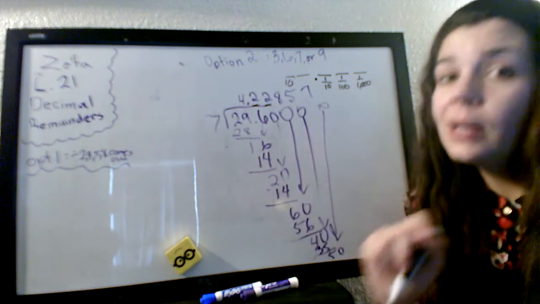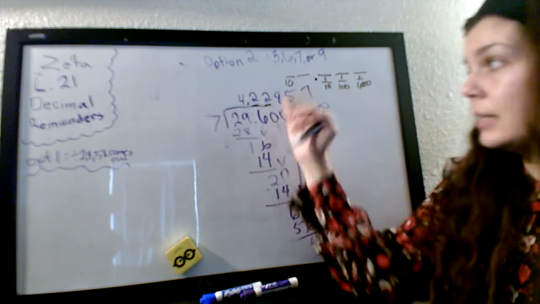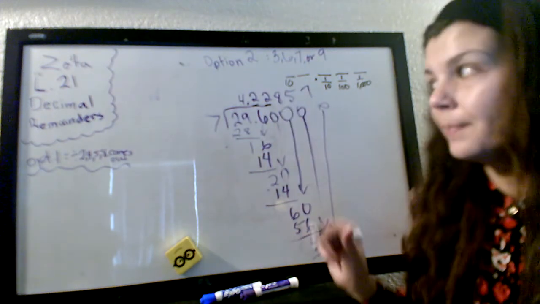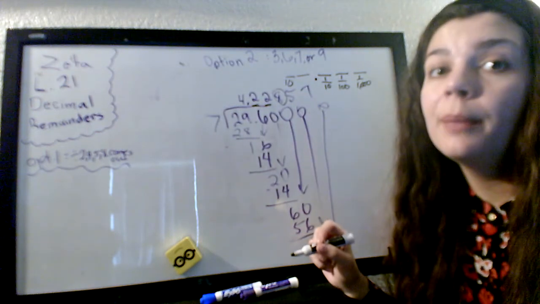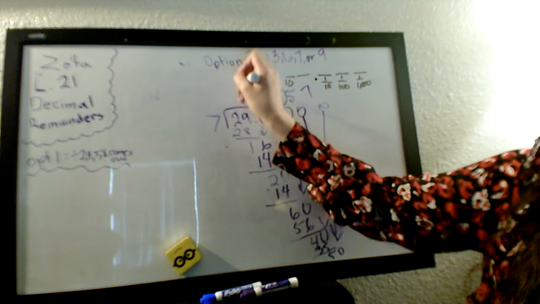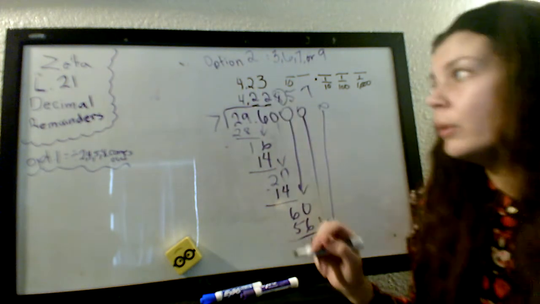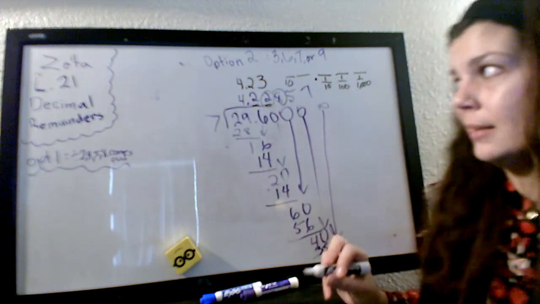Or is it 4 or less, let it rest with 4.22? Is it going to stay the same? Or is it going to go up? Our number is an 8, so that's 5 or more up the score. So we're rounding up. Our answer in the end would be 4.23. We rounded up 1 place in the hundredths place.